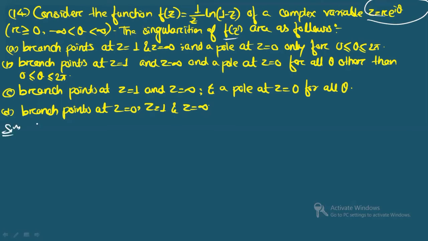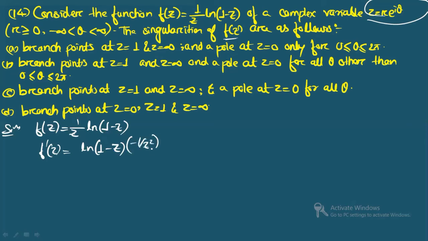So first you will see the function. The function is f(z) equals 1 by z ln(1 minus z). So if I take f prime, the first derivative, taking ln(1 minus z) to be constant first, 1 by z on differentiation will give minus 1 by z square.